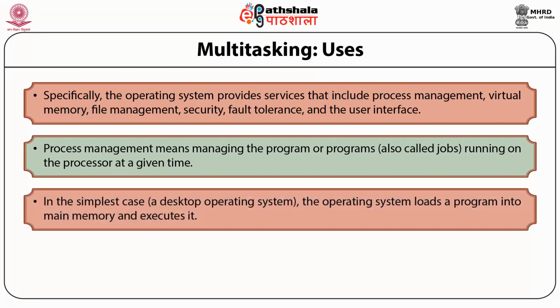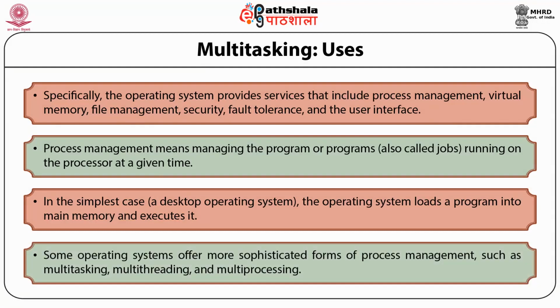In the simplest case, a desktop operating system loads a program into main memory and executes it. The program utilizes the computer's resources until it relinquishes control. Some operating systems offer more sophisticated forms of process management such as multitasking, multithreading, and multiprocessing.